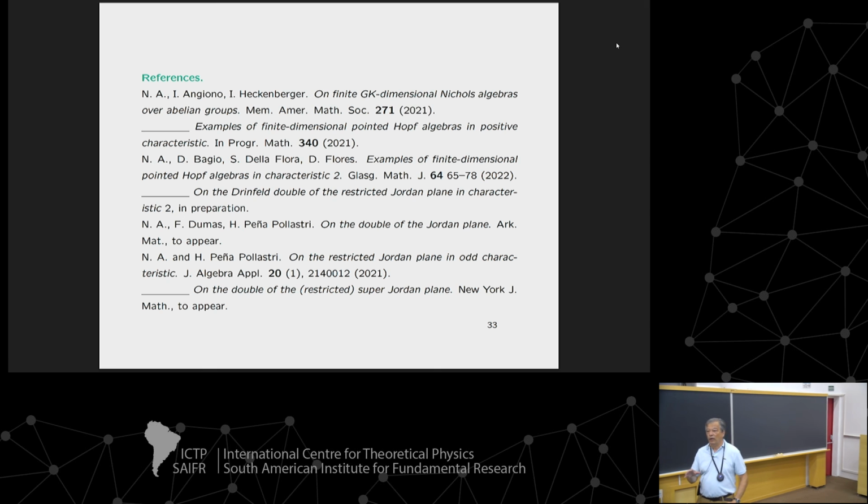Well, depending on where you are working. If you work in the restricted, there are several settings: the restricted Jordan, restricted super Jordan, and super Jordan. In the restricted cases, they are finite dimensional, and in the non-restricted, the projective will be infinite dimensional. Yes, like for Lie algebras.